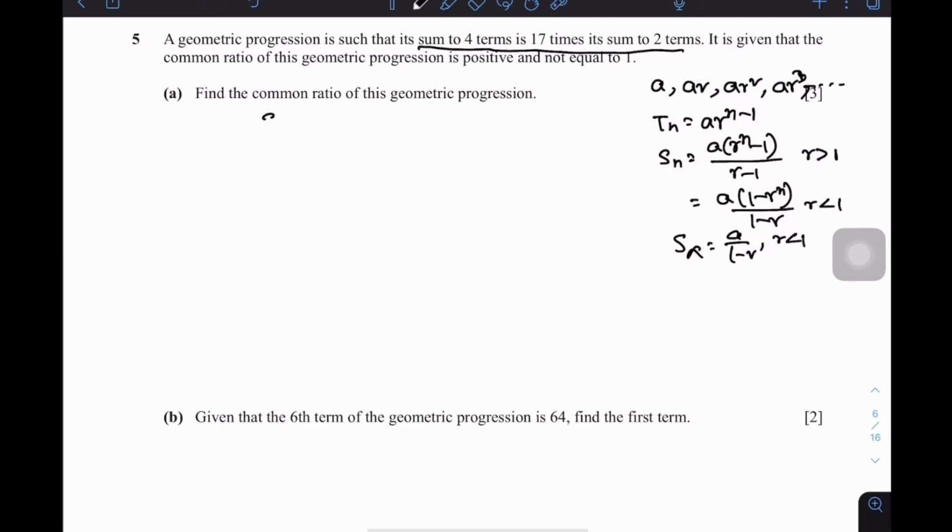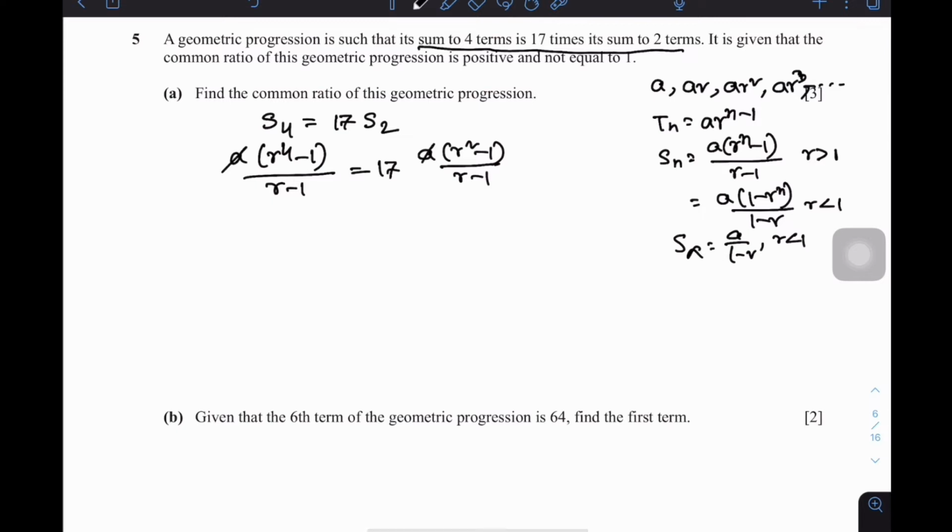Let me write here S4 is 17 times S2. We can write straight a r to the power 4 minus 1 over r minus 1 equals to 17 times a r square minus 1 divided by r minus 1.